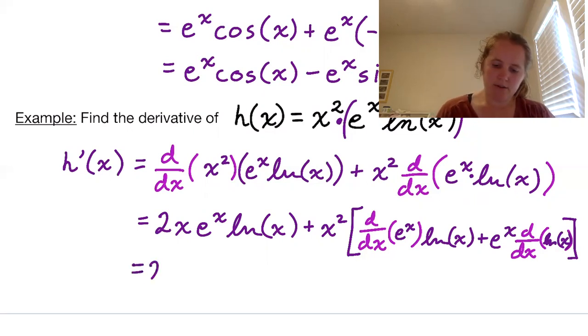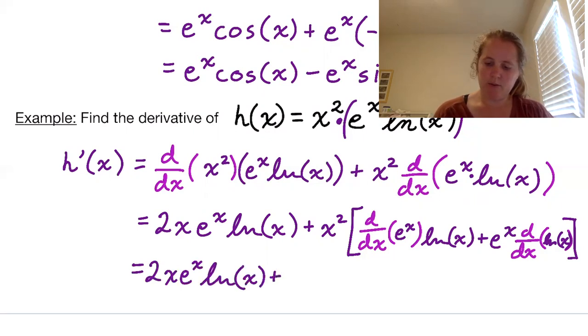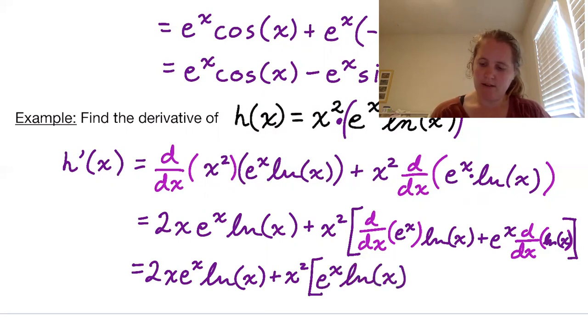So we have 2x e to the x natural log of x. Then we have plus x squared times the derivative of e to the x, which is simply e to the x, natural log of x, plus e to the x, and the derivative of natural log of x, again, that was one of our special functions, wound up being 1 over x.